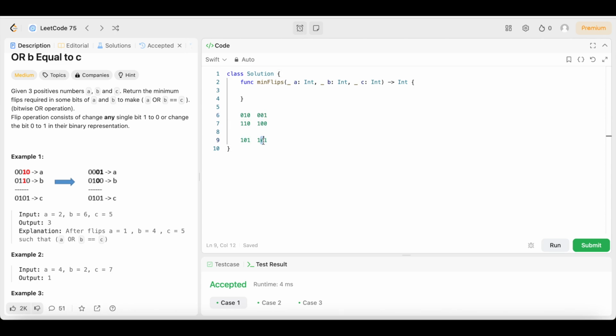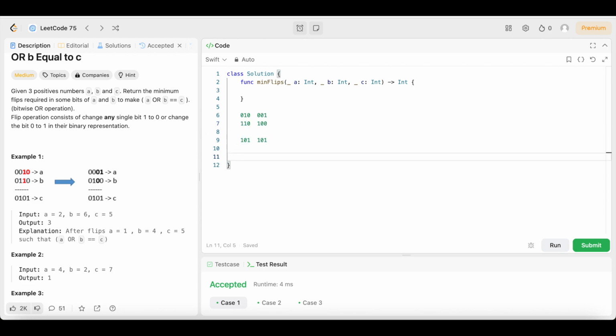That's going to come out to 0 because there's no 1 in it. And then this is going to be a 1 and this is going to be a 0. That's going to come out to 1 because there's a 1 in that operation, right? So that means we had to flip these 2 bits right here, and we had to flip this bit right here, and all together we had 3 bits that we had to flip, right? So that's how the OR operator works.